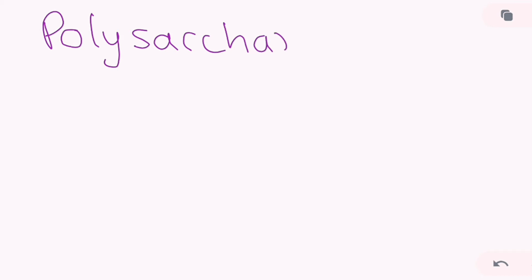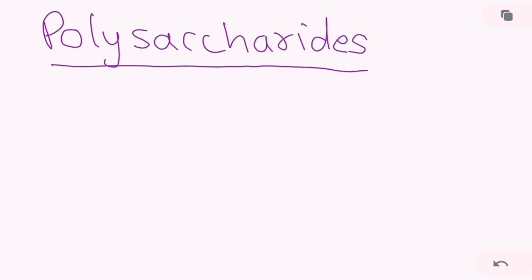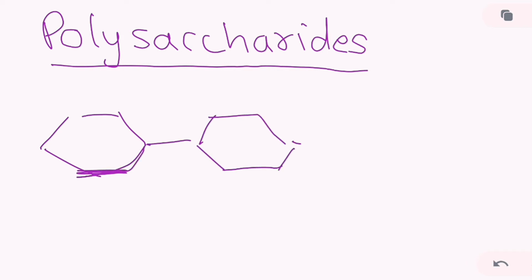Now we're going to talk about polysaccharides. Now instead of one or two simple sugars, we are going to take and join many simple sugars. Like this. So I will draw 4 simple sugars joined together. We get a large molecule called polysaccharide.